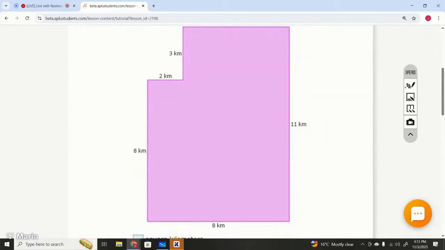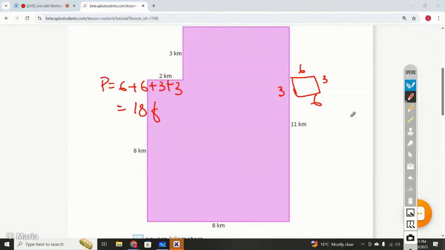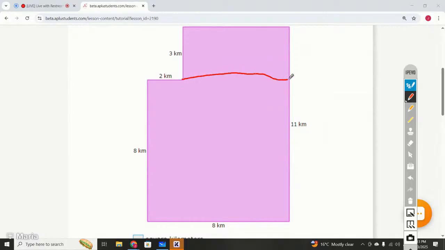You can divide like this. See, now we have two figures, a rectangle and a square. We can calculate the area of them, and then we have to add. This is 8, this is 8. Then this side length is also 8 because the smaller figure makes a square.